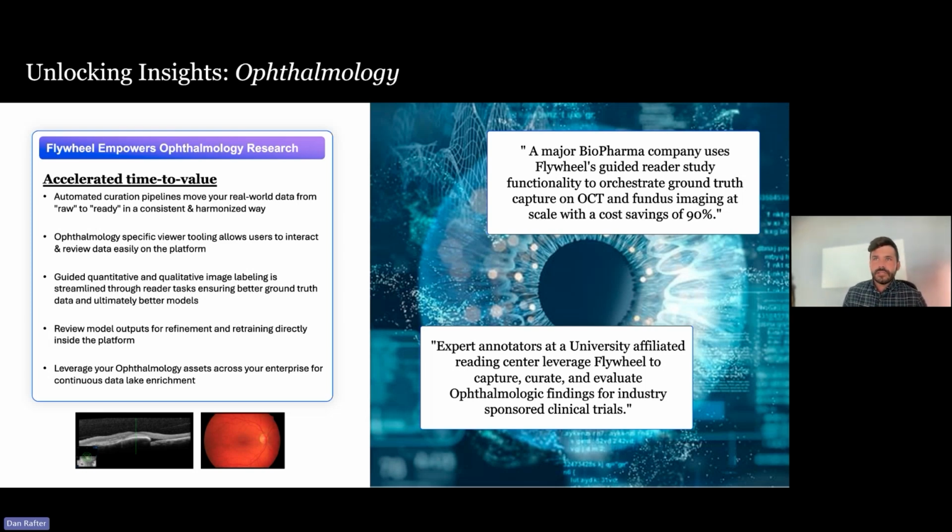So how do we do that? We help you build automated curation pipelines that move your real world data from raw to ready in a consistent and harmonized way, whether that's with gears that we provide out of the box or helping you to build your own and bring them in.